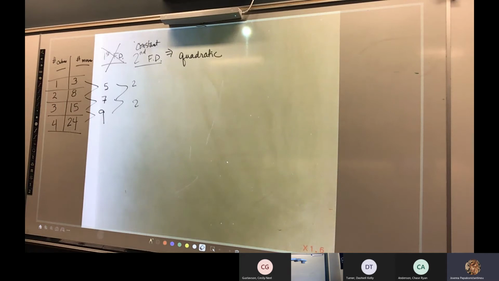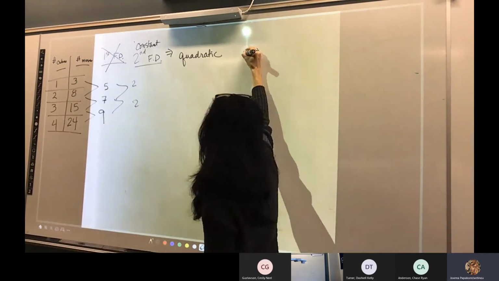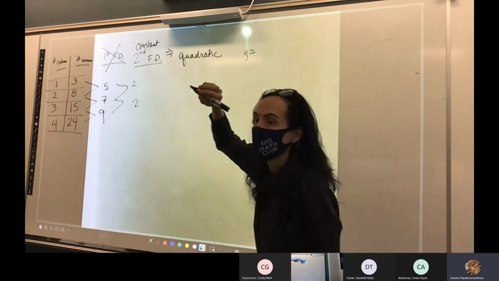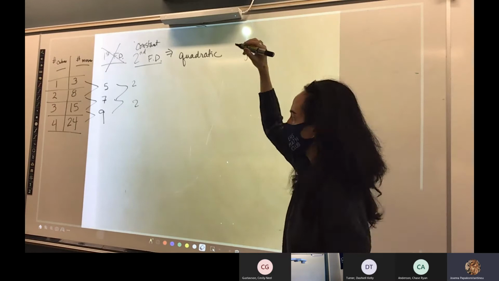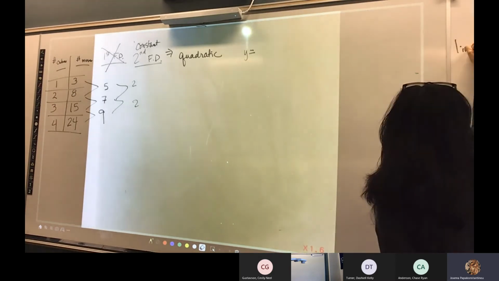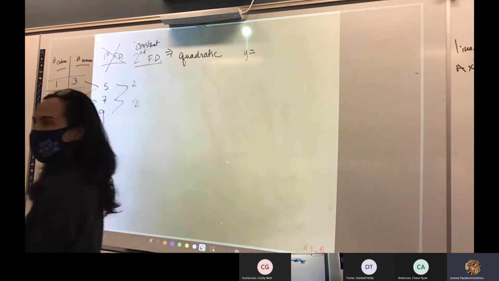Now, let's talk about what the general form for a quadratic function is. Y equals. For linear, we said ax plus by plus c equals 0, right? The highest exponent of x is 1, it's linear.